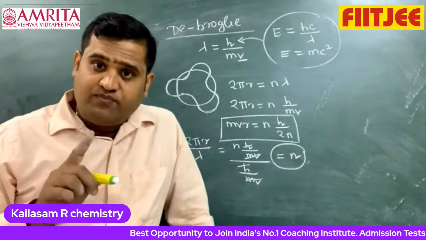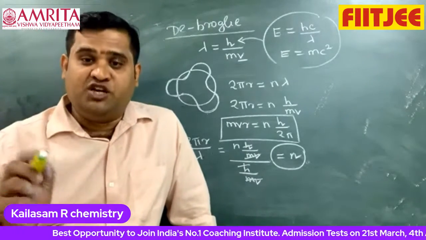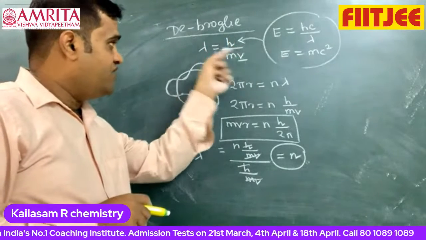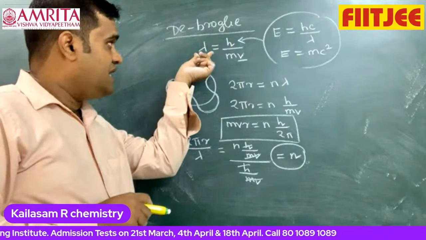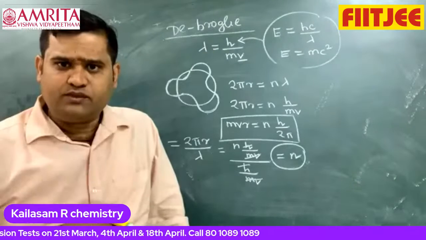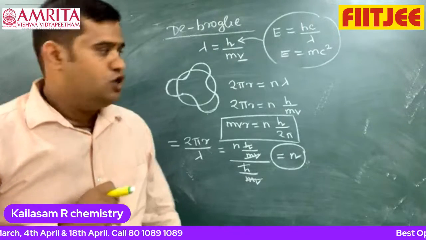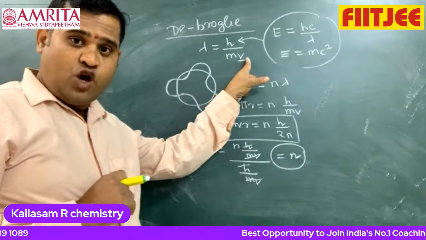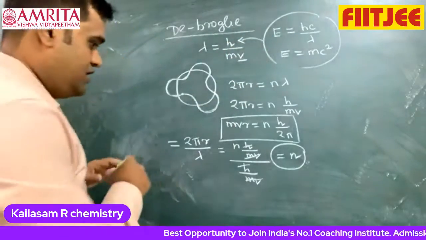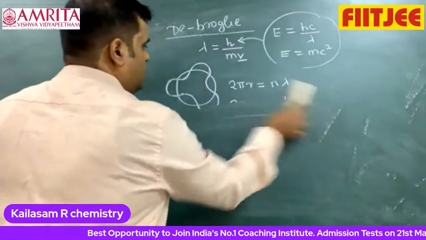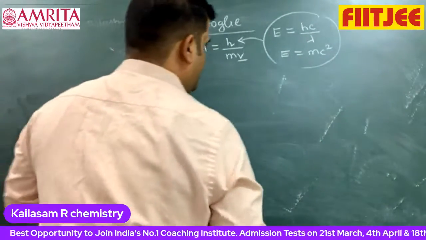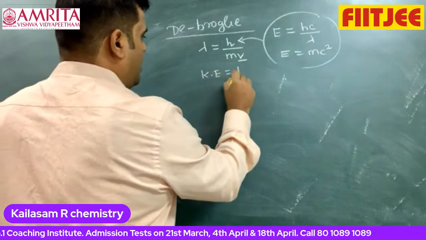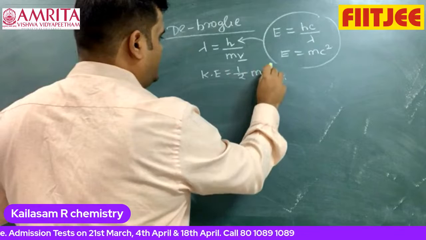Right? And one more thing, from the calculation point of view, especially for the de Broglie wave equation, you can take lambda is equal to h by mv. This lambda is for any moving object, where v is the velocity of the object. From this we can derive the following. Look at this. I can write that KE is equal to half mv square.